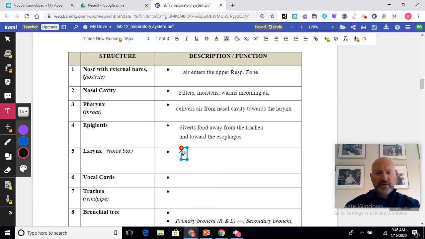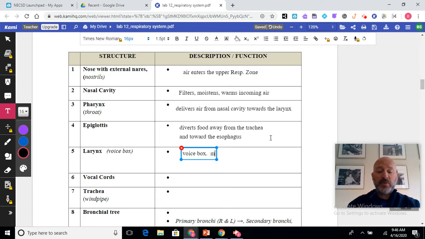Right, so the larynx is another word for the voice box. And this marks the end of the upper respiratory zone.